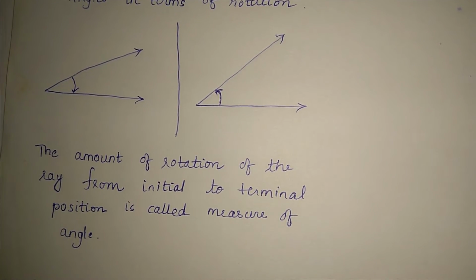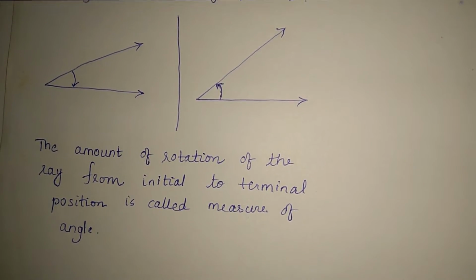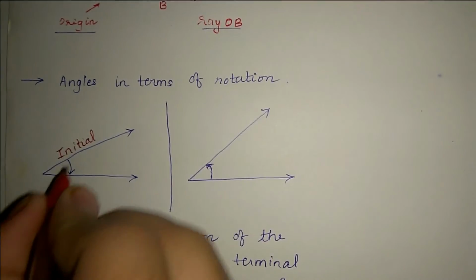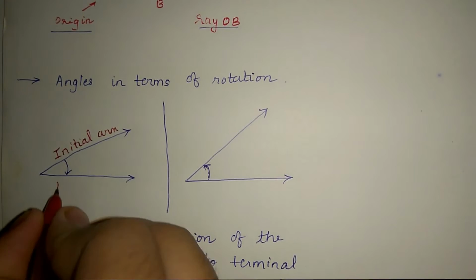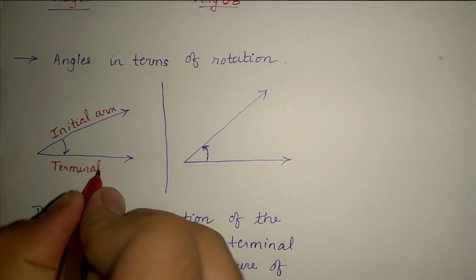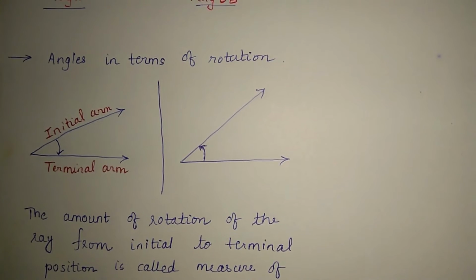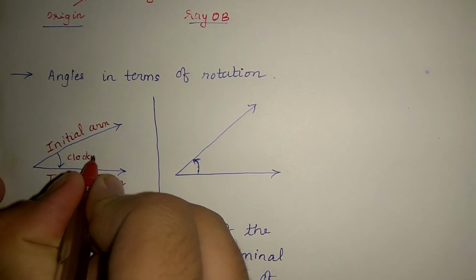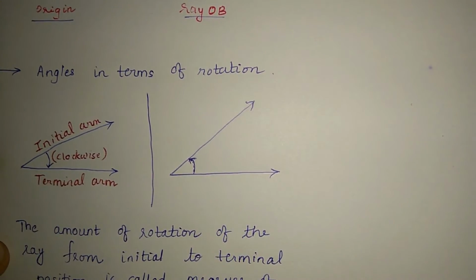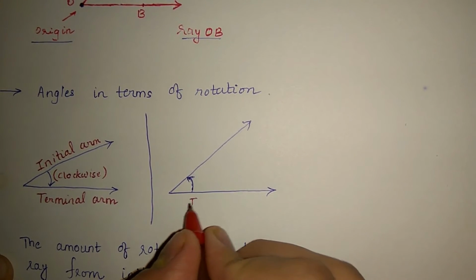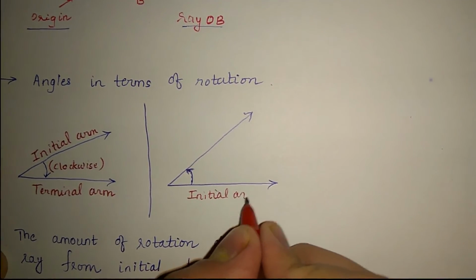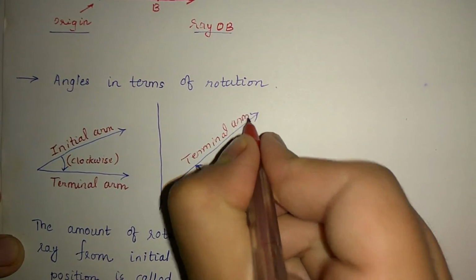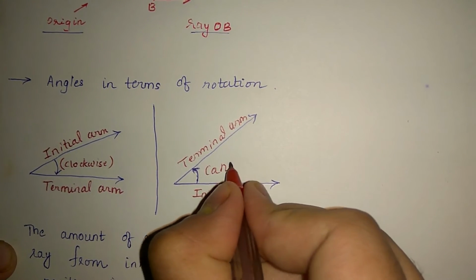Okay, so in this case this is my initial arm and this is my terminal arm. And the rotation is in clockwise direction. In this case, I have this as my initial arm and this as my terminal arm. Rotation is anti-clockwise.